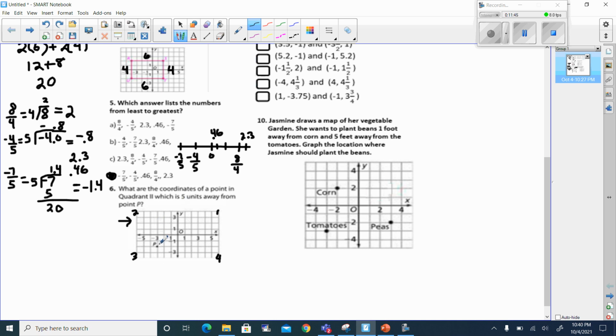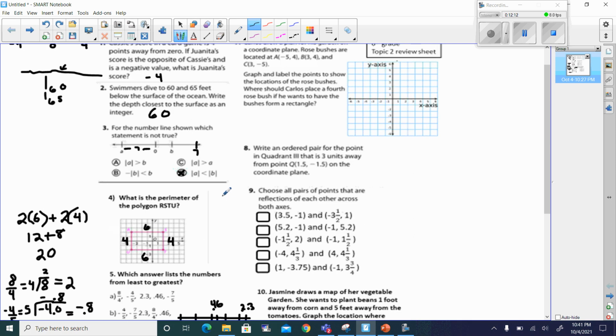The only way I'm going to do this is go across this way. So 1, 2, 3, 4, 5. That's going to put me at negative 3, 3. Okay? Negative 3 and 3. All right. That's your answer, number 6.